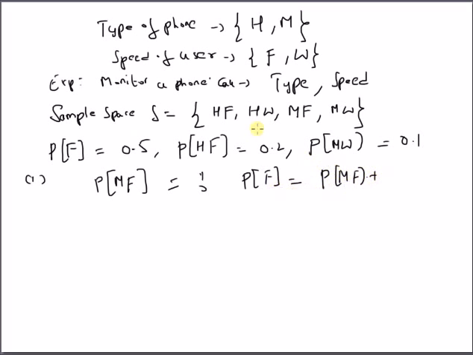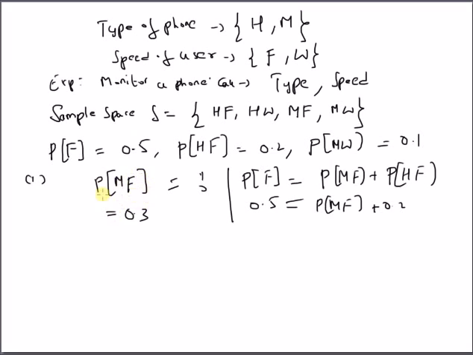That is probability of F is equal to probability of MF plus probability of HF. So we already know probability of F, which is equal to 0.5. We do not know probability of MF, and we know probability of HF, which is 0.2. So probability of MF is equal to 0.3.